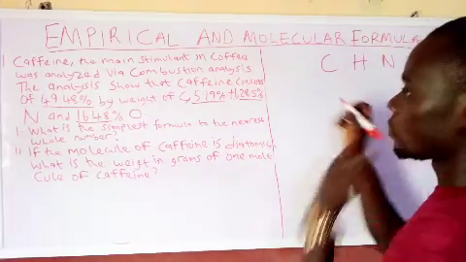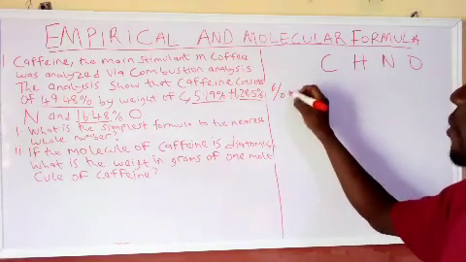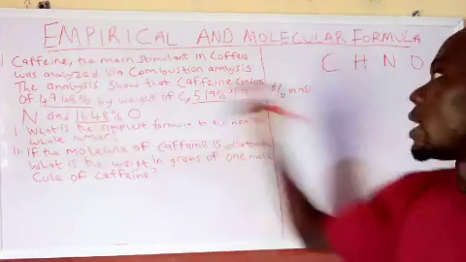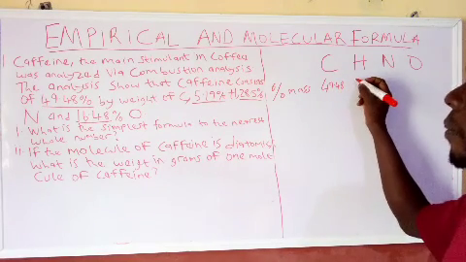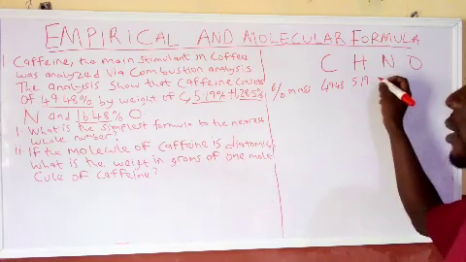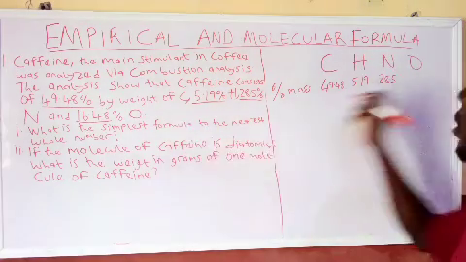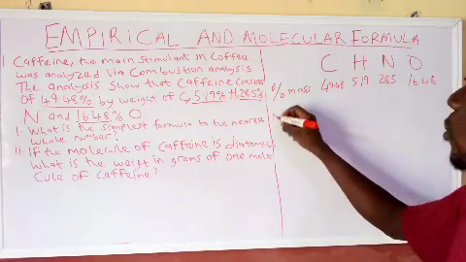The next thing to do is the percentage mass for each. So for this, that's 49.48, 5.19, 28.5, and 16.48.